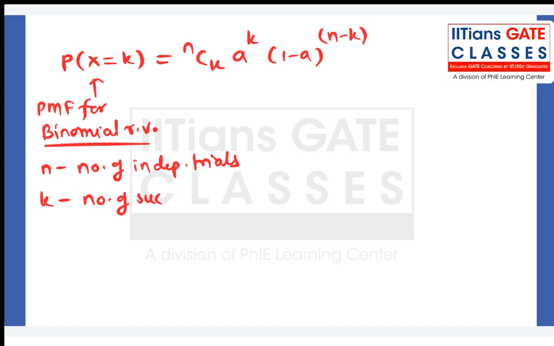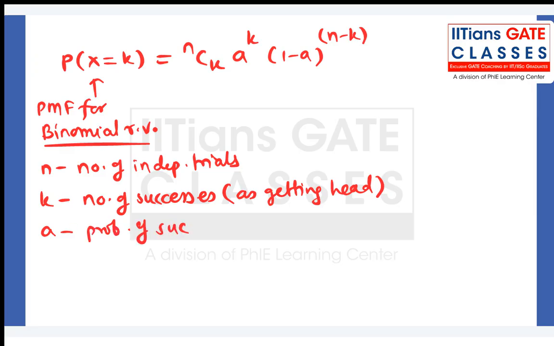So what we'll do, we'll define success as getting head. Okay, this is our definition of success. And what is a? Probability of success. What is the probability of getting head in a fair coin toss? That is half, right? And 1 minus a, that means the probability of not getting head, is also half. Okay.